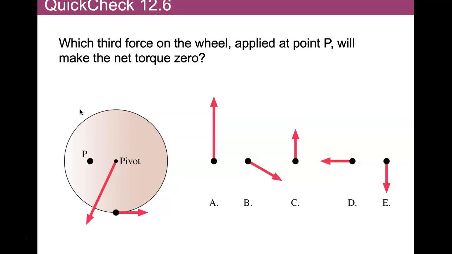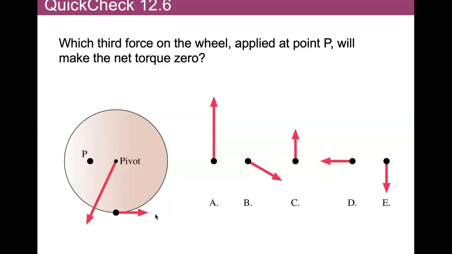All right. So the force at the pivot, the distance to the axis of rotation is 0. So that's not giving us any torque. So we can forget about it. The force at the edge of the wheel, this one, is causing counterclockwise rotation.